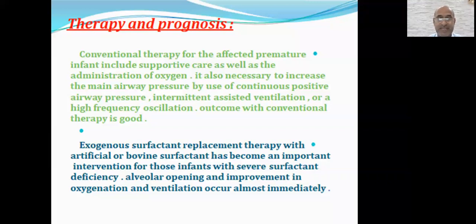Of course, surfactant is given through intubation of the neonate: we use a laryngoscope and insert a tube, and then we release the surfactant into the bronchial tree. Of course, that immediately improves the condition.